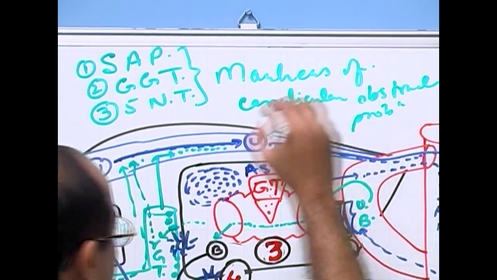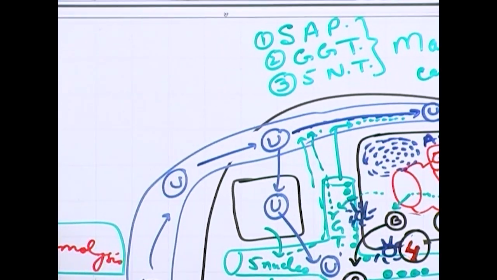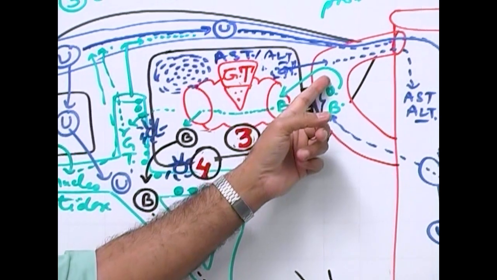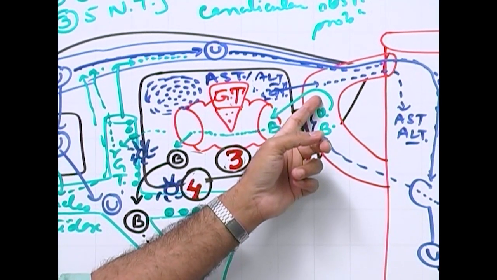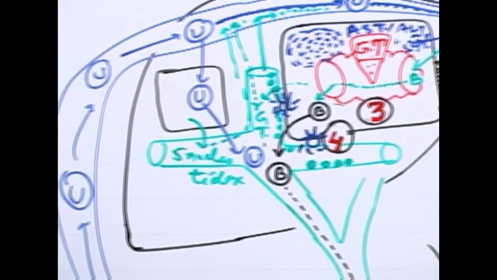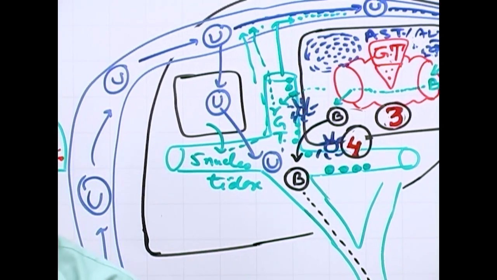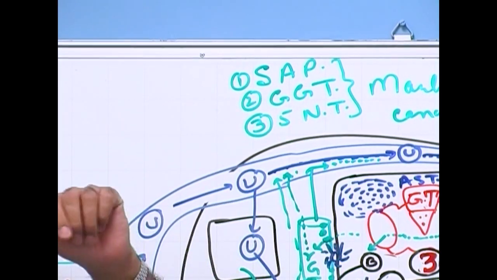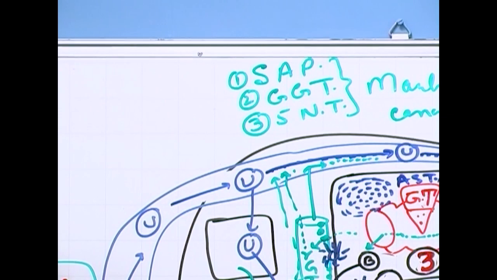problems. Now we can see, if someone has injury to the liver cell, what will spill into circulation? AST, ALT, transaminases. And if someone has injury to the biliary canalicular system, what will spill into circulation? Alkaline phosphatases, gamma glutamyl transferases, and along with that there may be 5-nucleotidases. Is that clear?